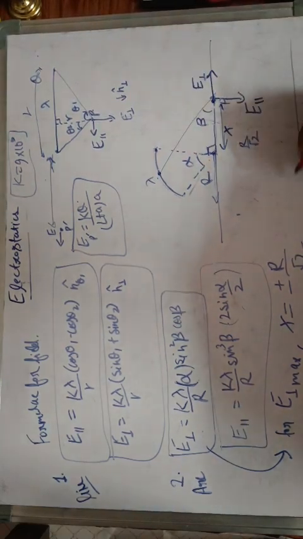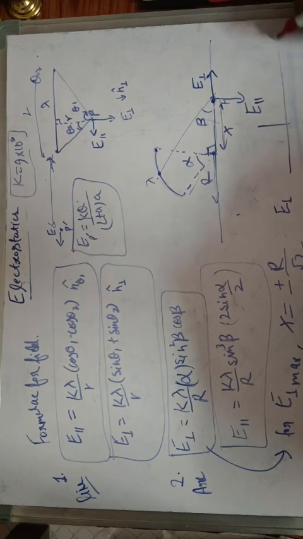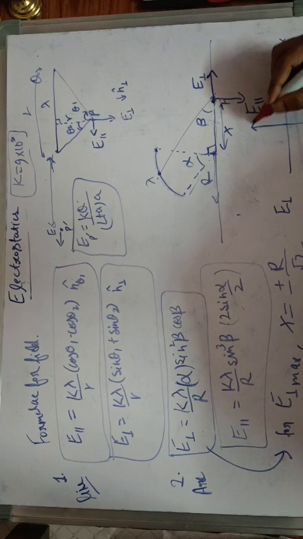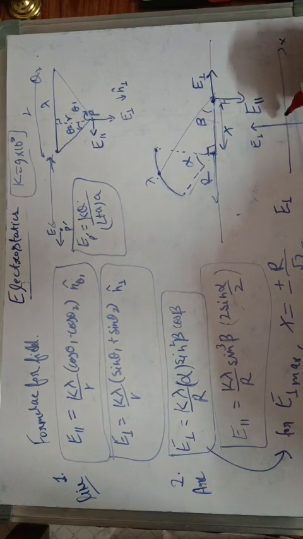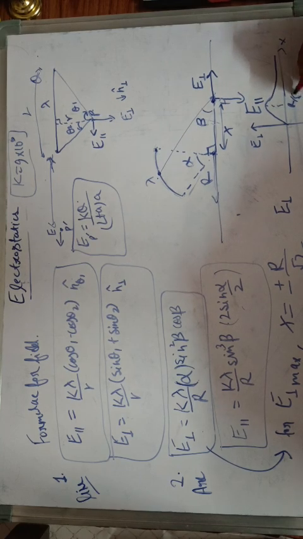The graph for E perpendicular looks like this. This is the position x and this is the perpendicular E. The field value increases and then decreases like this, and this max value is found at r by root 2.